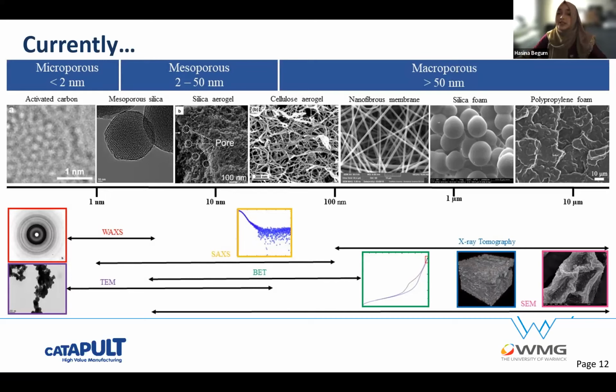And so how do we do this? How are we able to analyze the size of the pores or the pore structure of hierarchical porous materials using a non-invasive technique, such as acoustics?